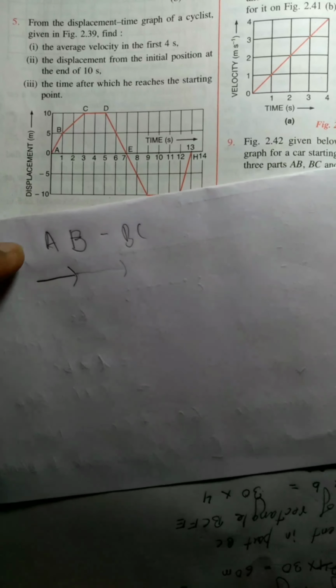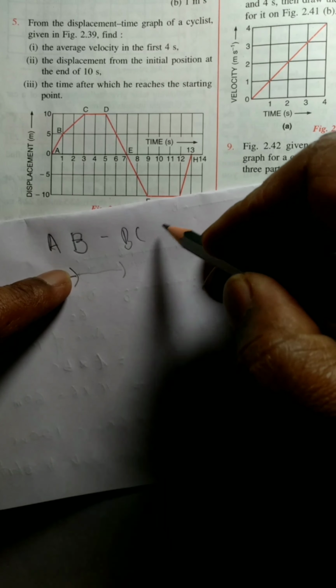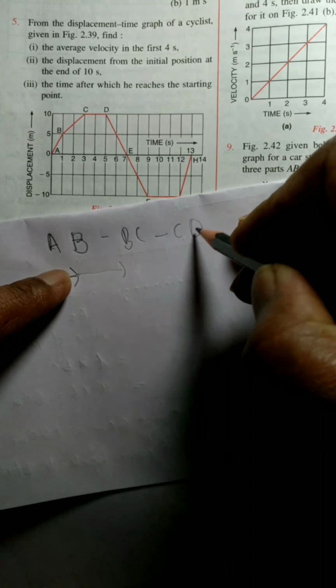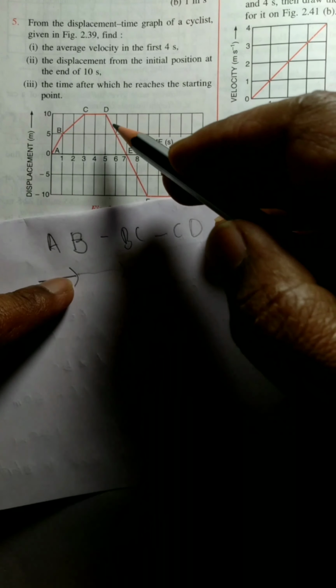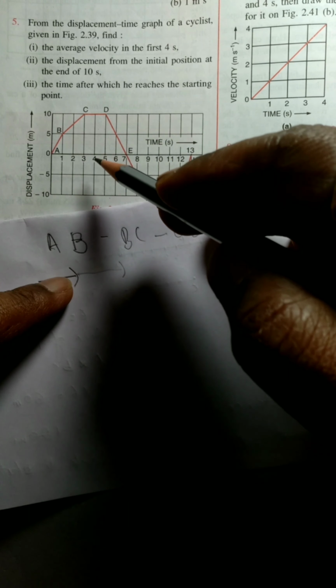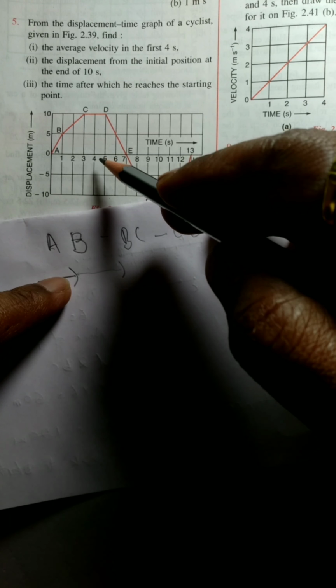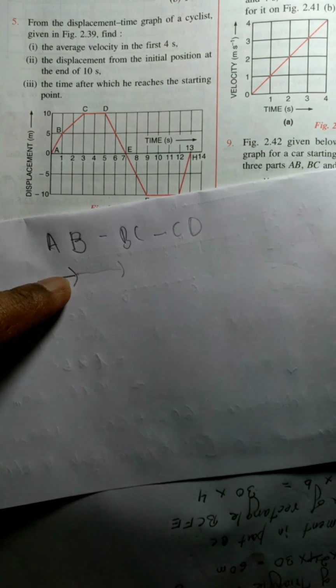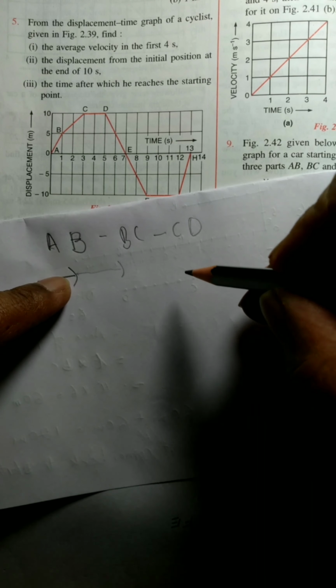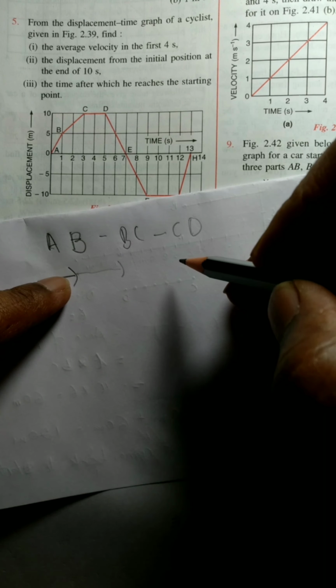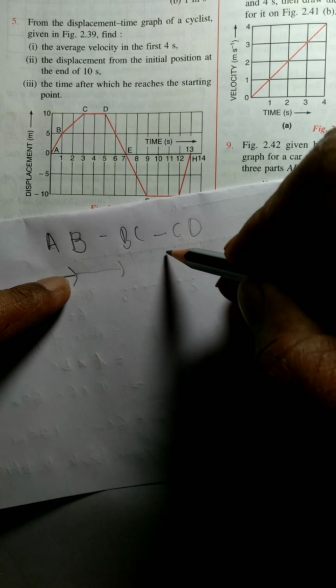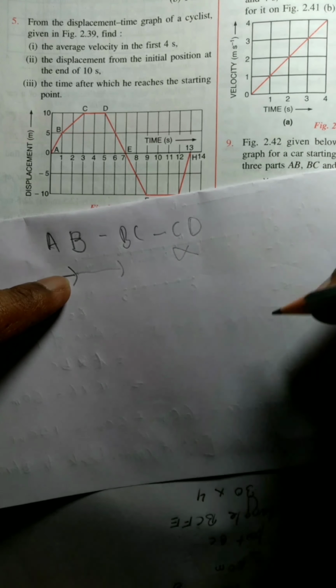Again, if you consider the portion CD, you see this portion of the graph is parallel to the time axis. That means this kind of graph is only for those objects which do not move, which are at rest. That means the cyclist does not move in the portion CD.